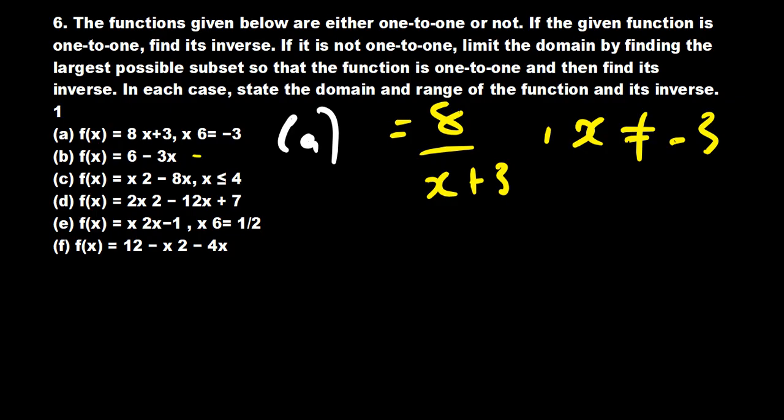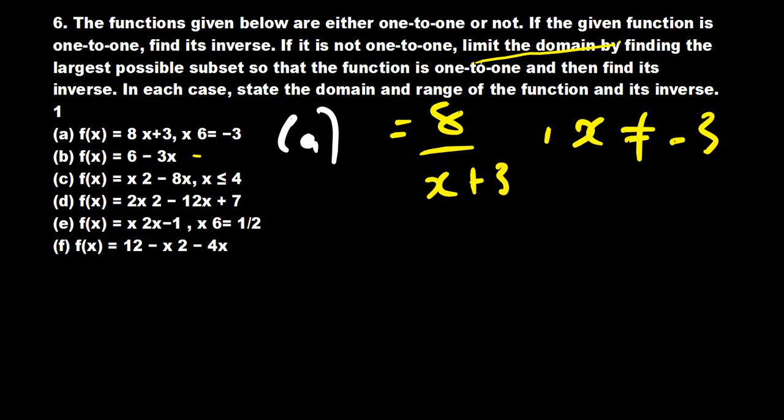So let's find the inverse, because the question was telling us if it's 1-to-1, you have to find its inverse. If it's not 1-to-1, you limit the domain by finding the largest possible subset. Because we've identified that this is a rational function, the horizontal line test still agrees.